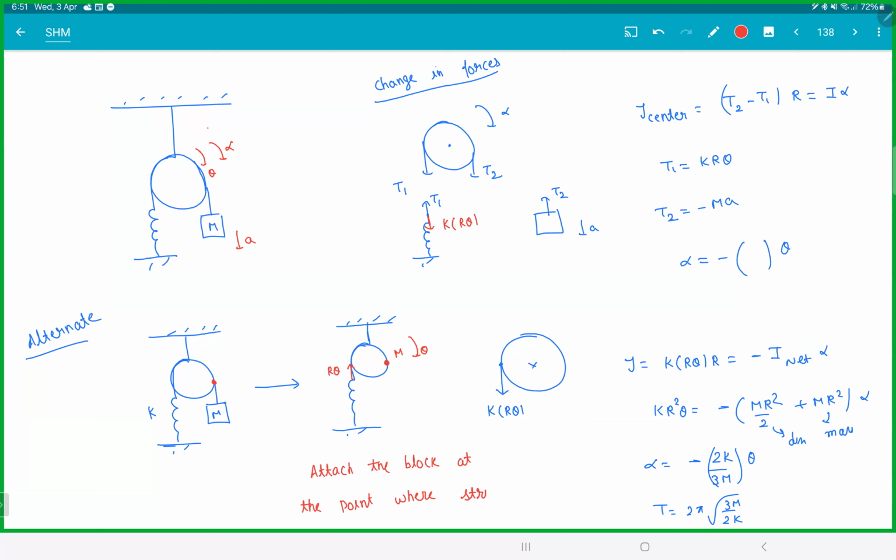The string is connected to the pulley. You can do it the regular way also: equation 1, equation 2, equation 3. You just eliminate T1, T2 will come out. Clear?